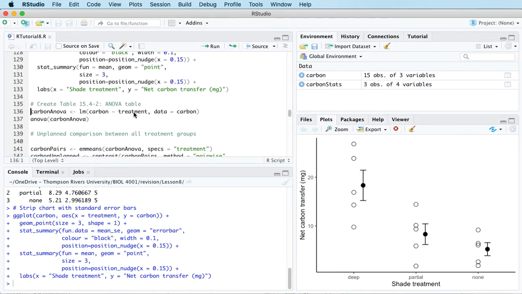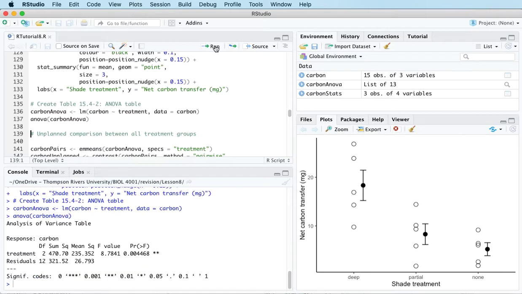So let's do an analysis of variance. Step 1, state the null and the alternative hypotheses. Null hypothesis is that the treatment means are all the same. Alternative hypothesis is that at least one treatment mean is different from the others. Test statistic. Well, if we fit the linear model and look at the analysis of variance table, we can see the F test statistic right there, 8.7841.